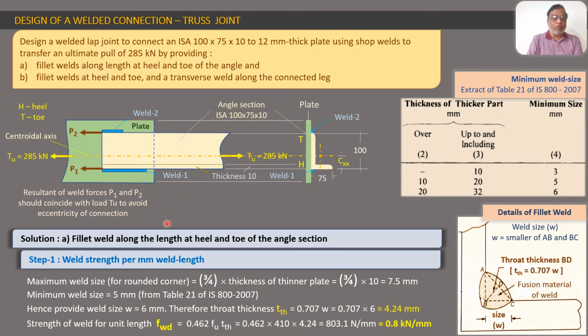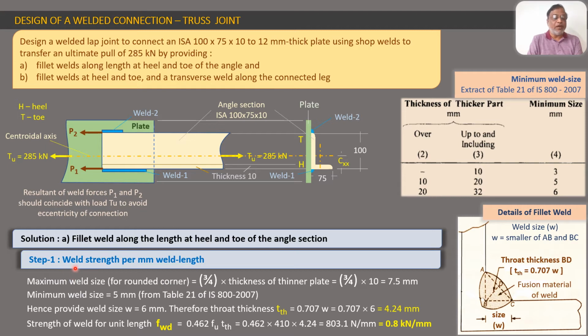What is this L2? For that, in step 1, we have to calculate how much force a weld will resist for a unit length. For example, weld strength per mm of weld length. So 1 mm of this length will resist how much force?